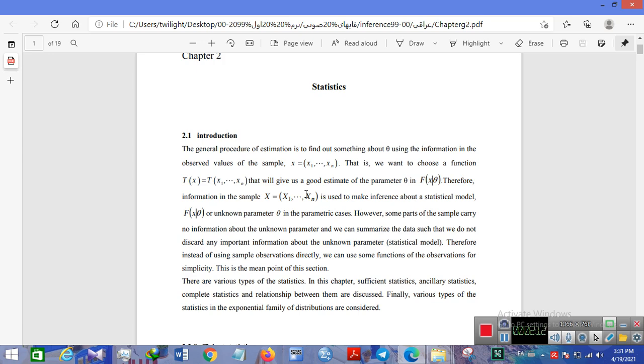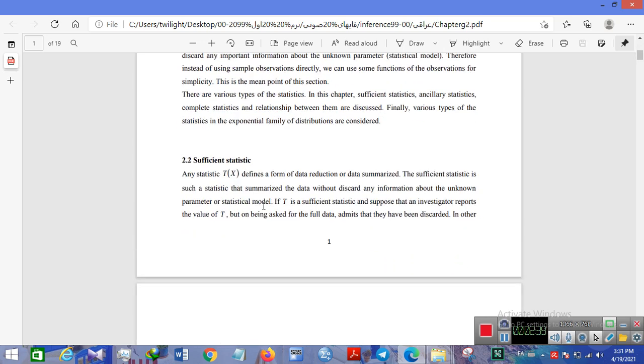We want to select a statistic T(x) which summarizes the information in the sample but doesn't miss any information about the parameter. This statistic is called a sufficient statistic.